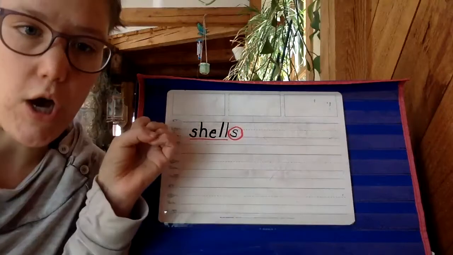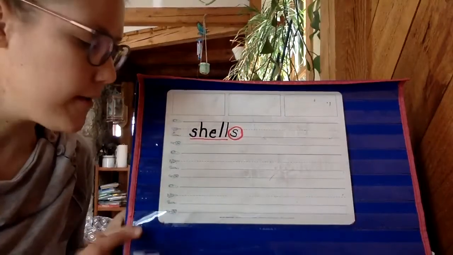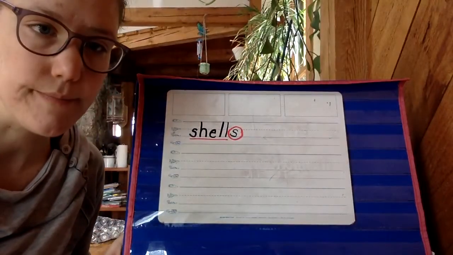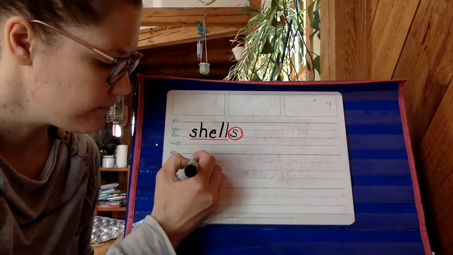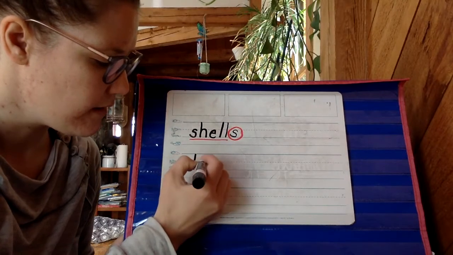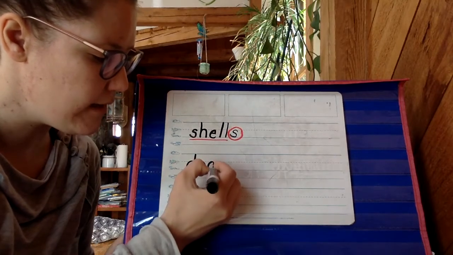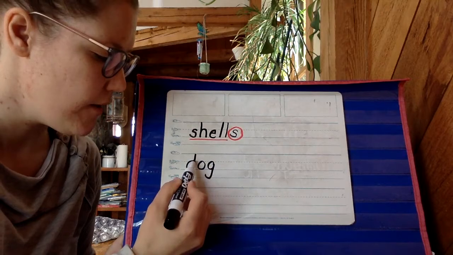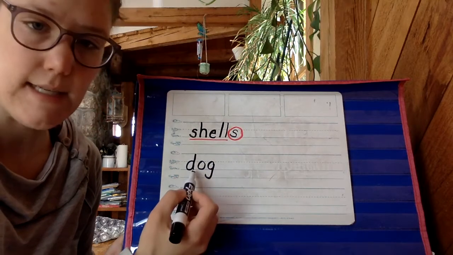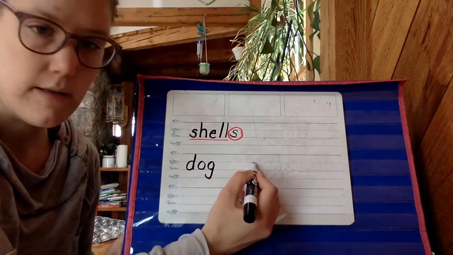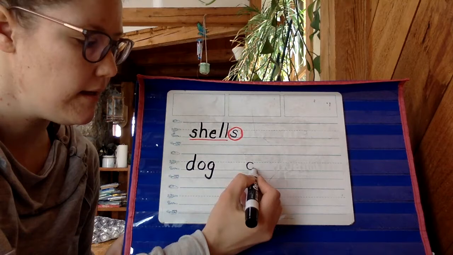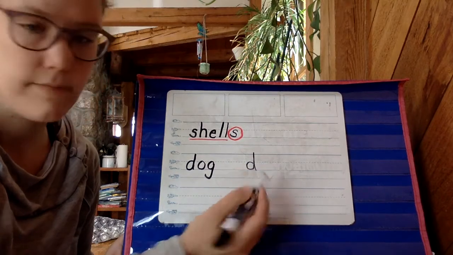D, o, g, dog. And now let's write it on our board. Dog. Remember when you're making your D, you do the C first, then a D. I'll show you over here. C, then D. Okay.